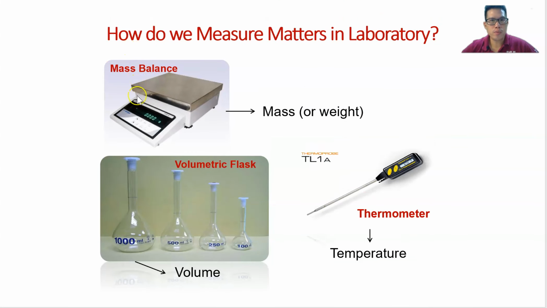So in the lab, when we want to measure the mass, or weight, we will use a weight balance machine. Very important. Usually at one corner there's a bubble showing whether the balance machine is even between different angles.